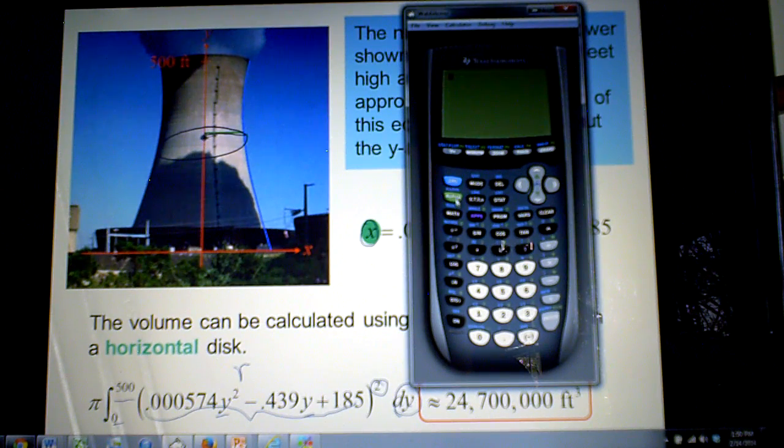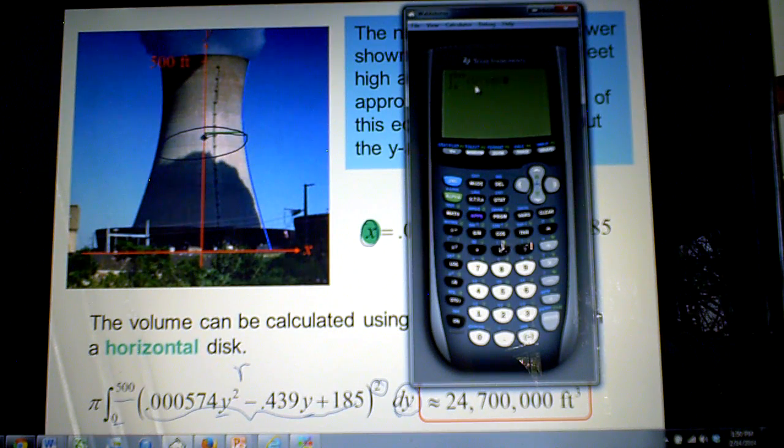So that's in y1, so when I math 9, 0 to 500, the function in y1 and dx, right? Even though these are y, I'm just telling the calculator that I'm pretending that it's all x stuff.